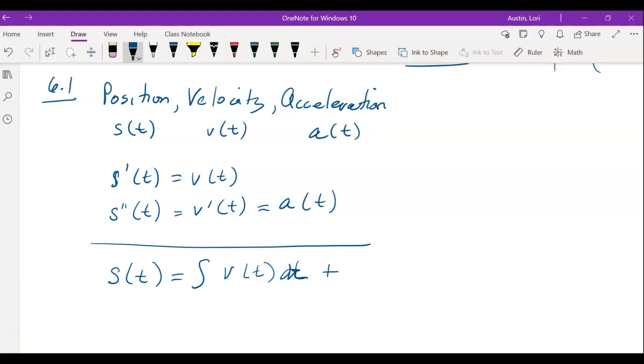We're going to have to be given information to calculate that c value to get the exact position function. What we're going to be given is what s is at 0.